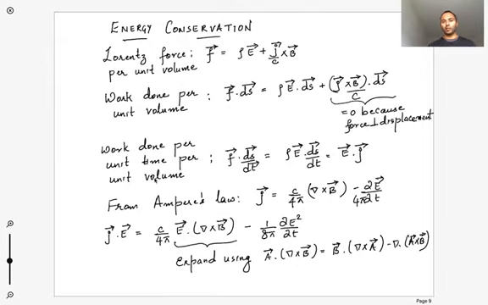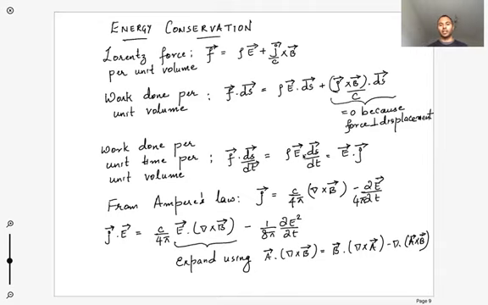And so you end up with work done per unit time per unit volume element. So I'm just going to divide that by dt. Sorry, there shouldn't be a vector on t here. T is a scalar. So again, you get the work done per unit volume per unit time. And ds by dt is basically the velocity, right? So F dot v is basically the rate at which work is done.